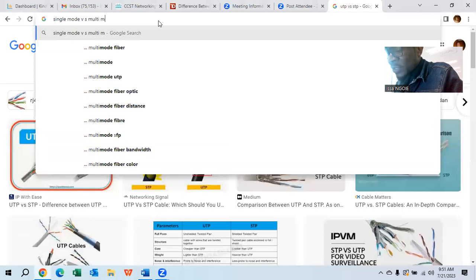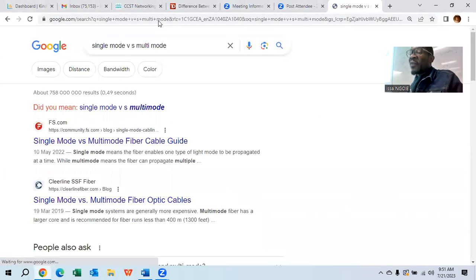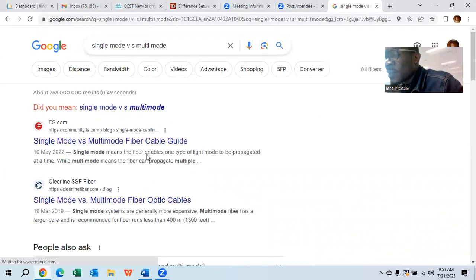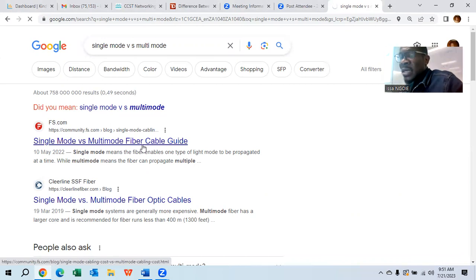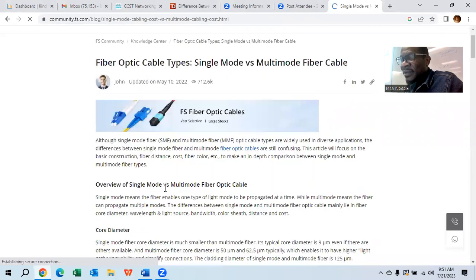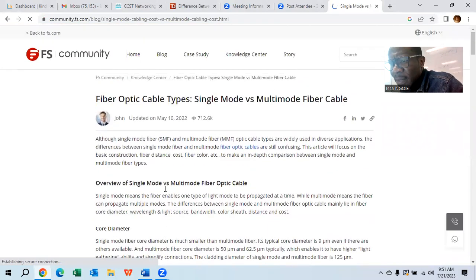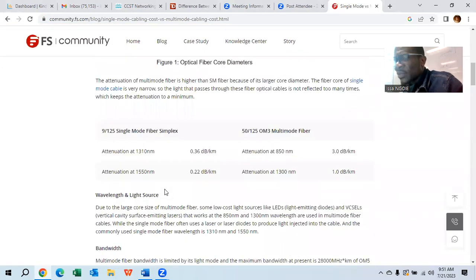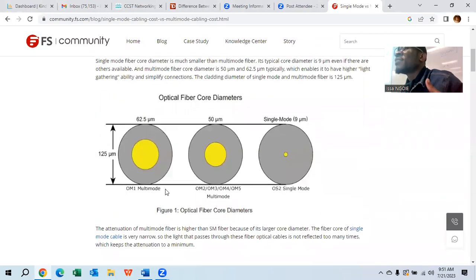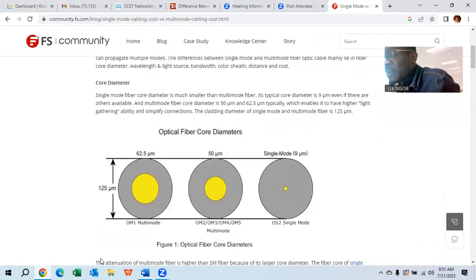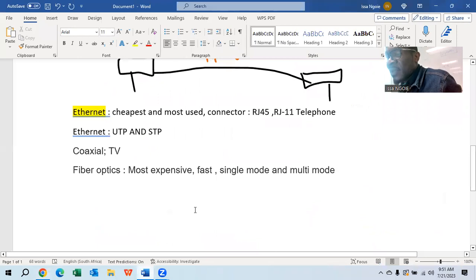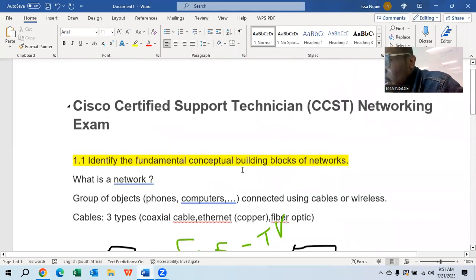If you want to learn more about the difference, you will find so many people talking about it. You can try to learn, but there is no need for you to go deeper because the questions will never be there.